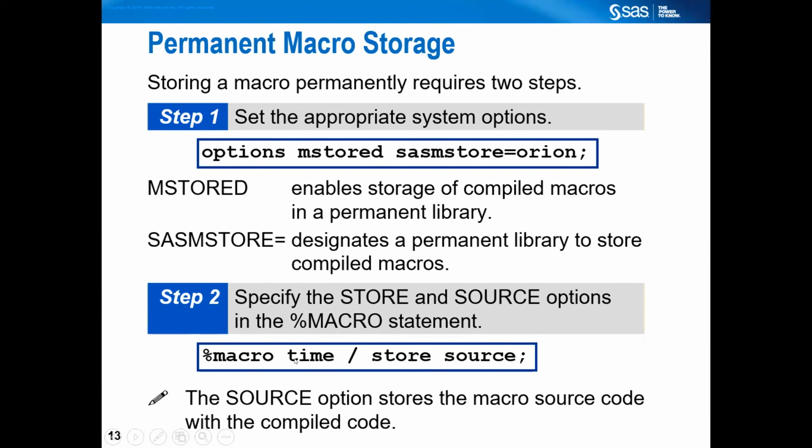And then, while you are creating the macro definition, in your macro definition statement you give two options: store and source. The source will use the library from your system option to store it permanently.